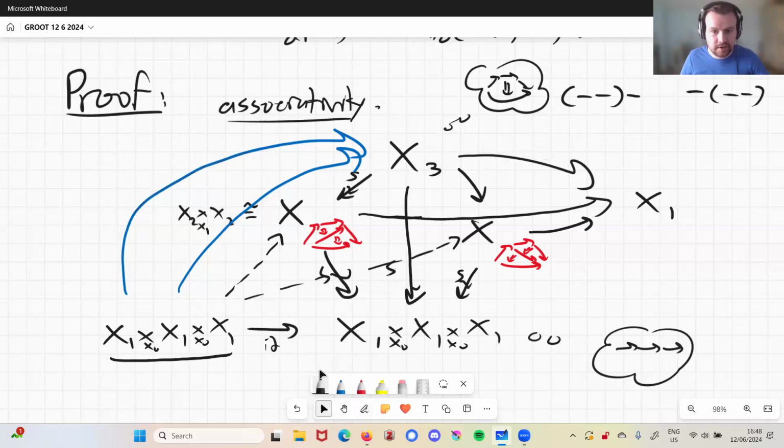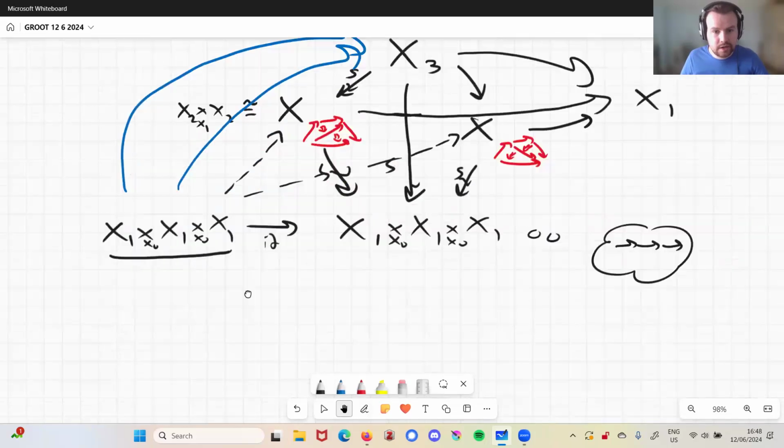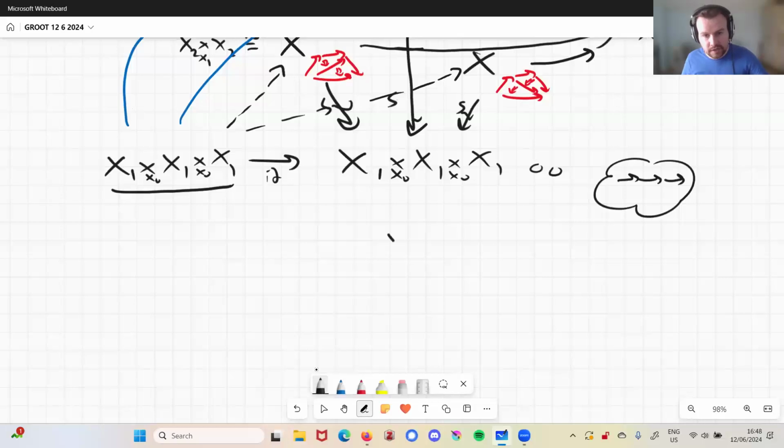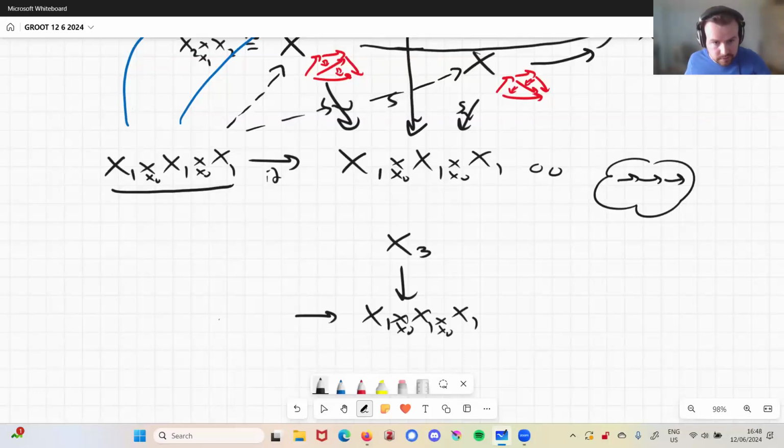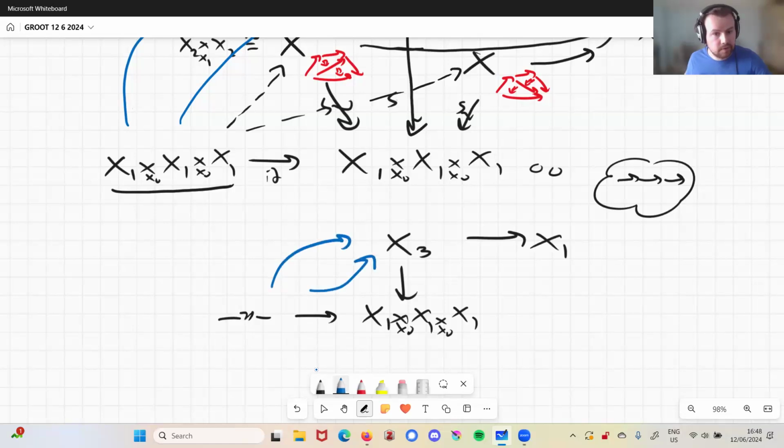So what I've done here is I've taken my two composition operations and I've realized them as solutions to this lifting problem. So same thing again here, and then x1. I've realized them as two solutions to this lifting problem.